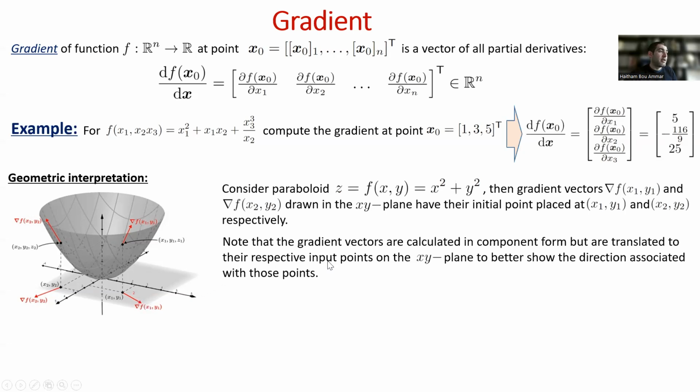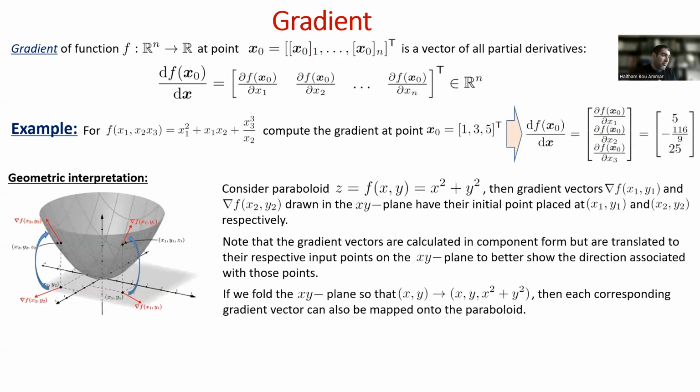Note that the gradient vectors are calculated in component form, but are translated to their respective input points on the xy plane in order to better show the direction that is associated with these points.